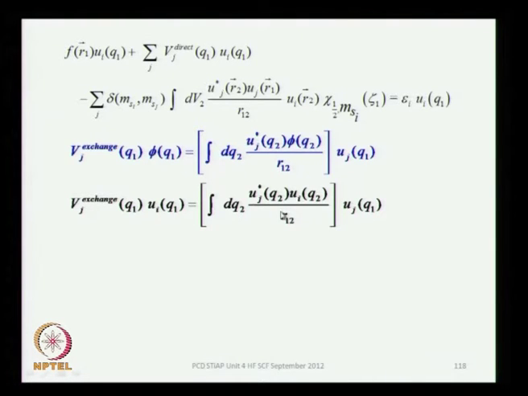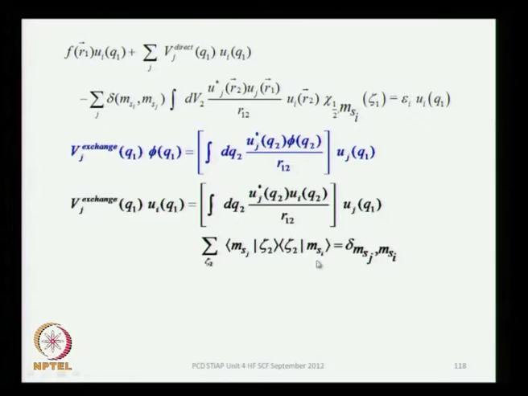This is your definition of the exchange operator, and using this you can see that here again you have an integration over q2, which is a triple integral over the space variables, and a summation over the spin, which can be done separately, because the 1 over r12 does not touch the spin part. So, the summation over the spin part is given over here, and what is this?